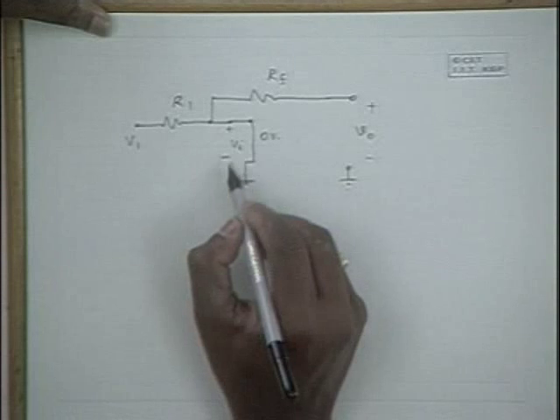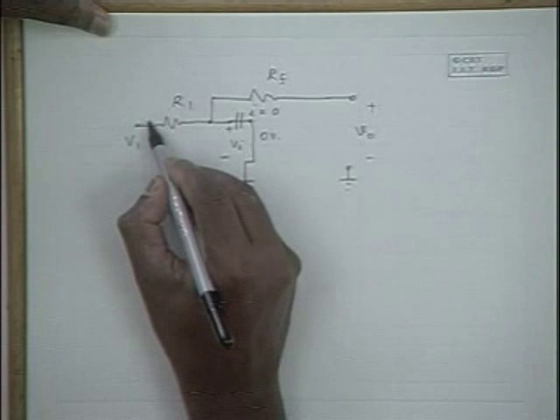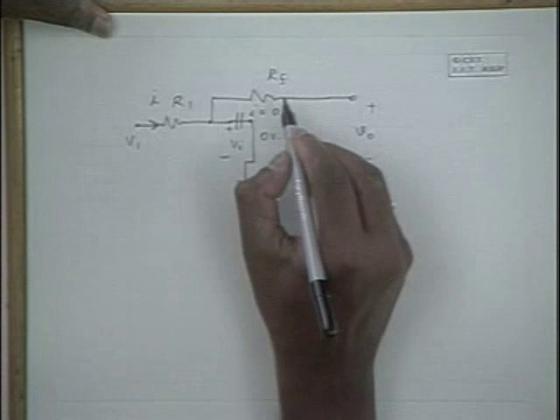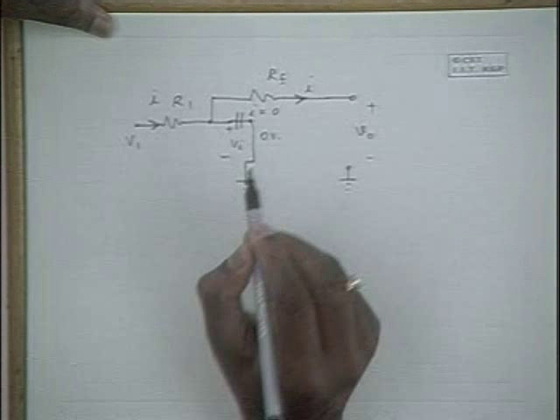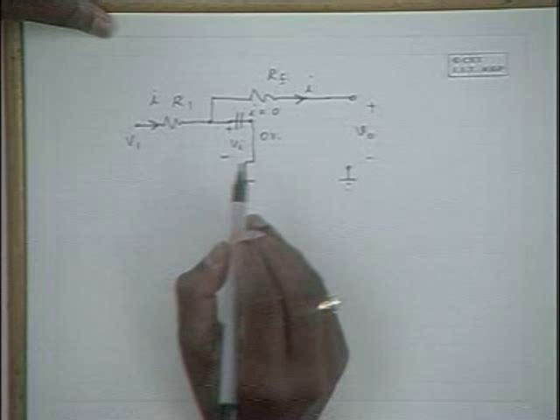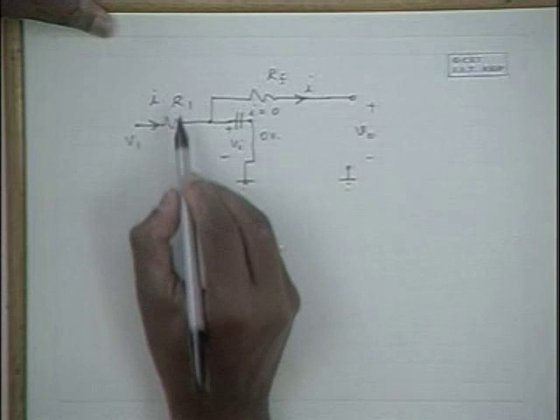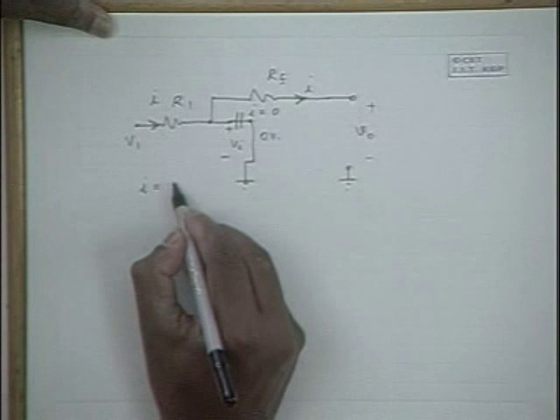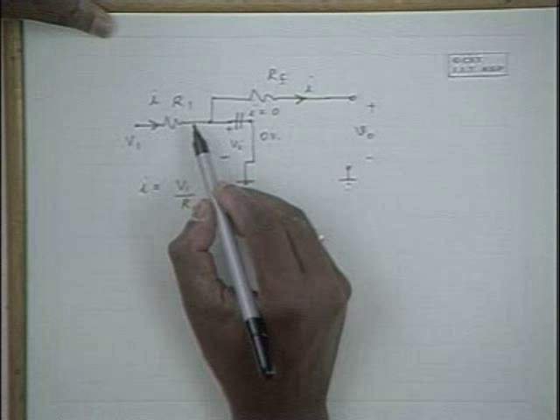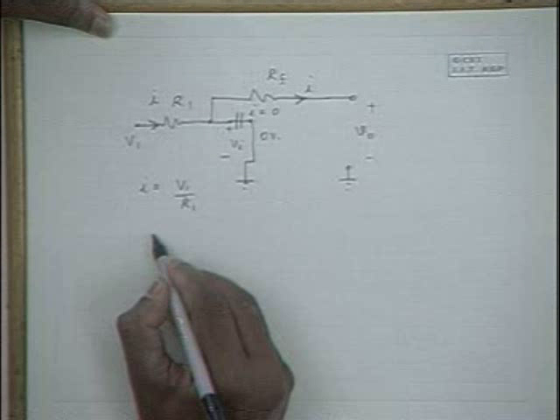Now this is a short circuit, at the same time current is 0, hence the current that flows through this, if you designate it as I, the same current flows through RF also, and this is at ground potential with no current. Since it is at ground potential, 0 volts, how much is I? I is equal to V1 by R1 (equation 1), and the same current flows through RF, and this is at ground potential, therefore V0 is how much?